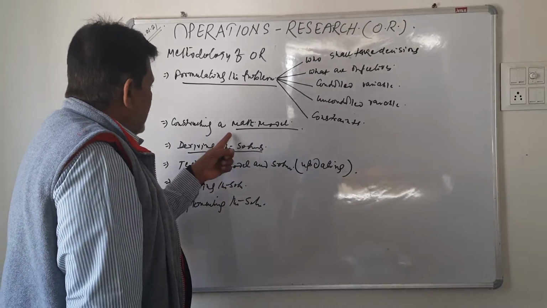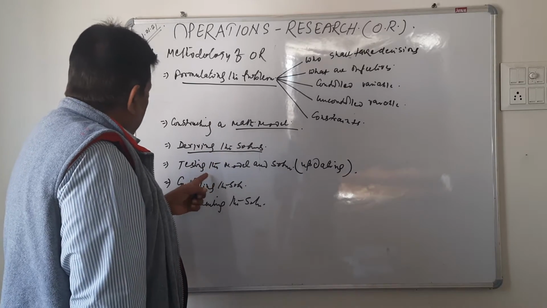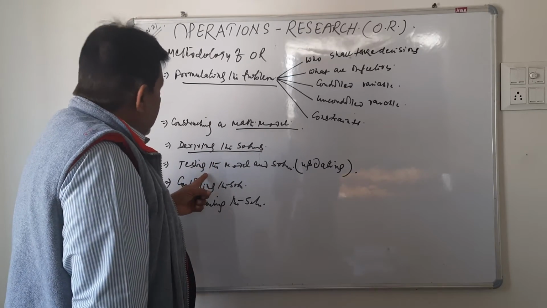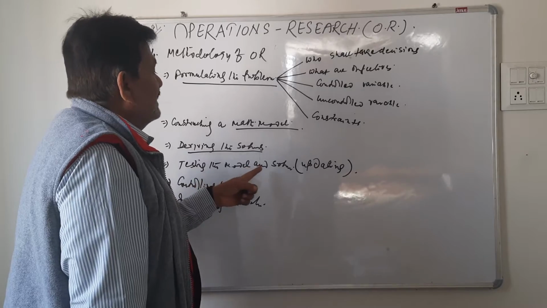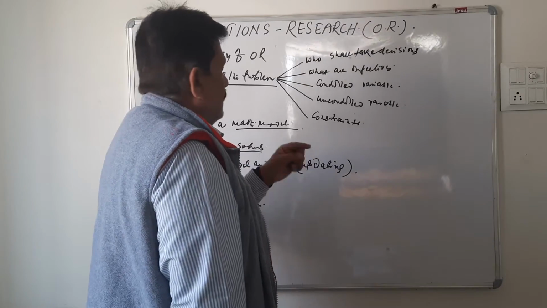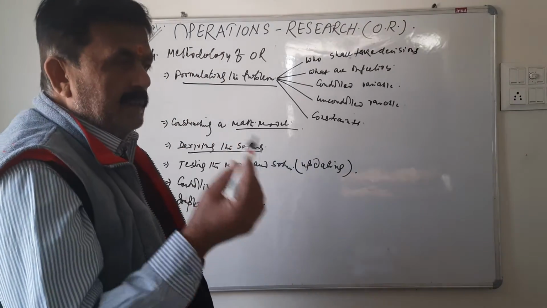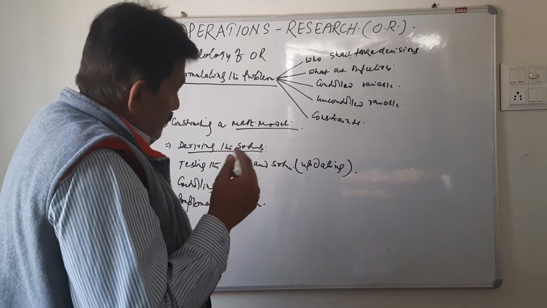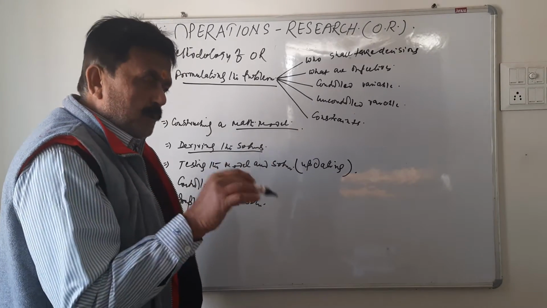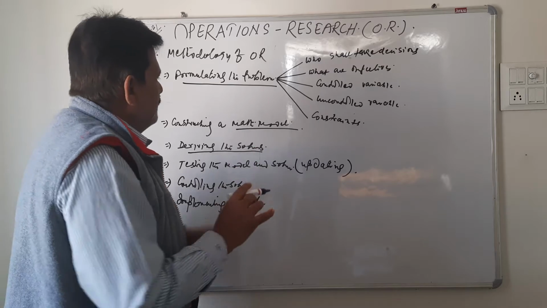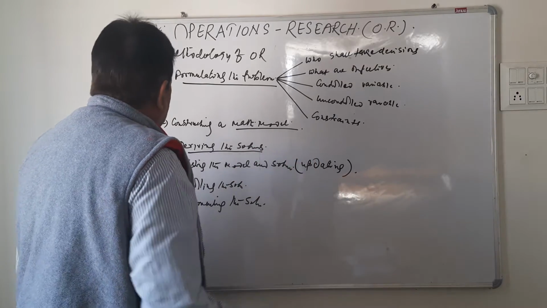Fourthly, when the solutions have been obtained, next there is testing the model and solution. It is known as updating the model. How will this model work in the future, what will be the consequences of the use of this model? All these things are taken up in updating the model.